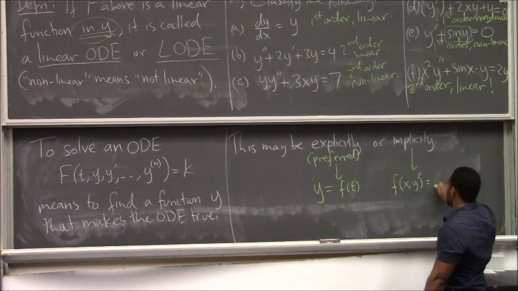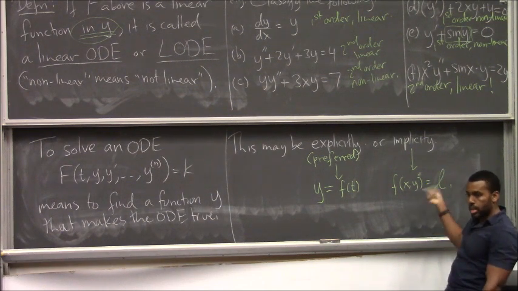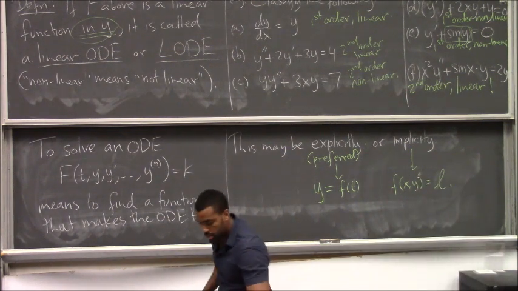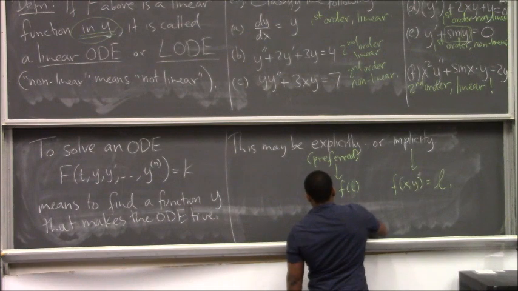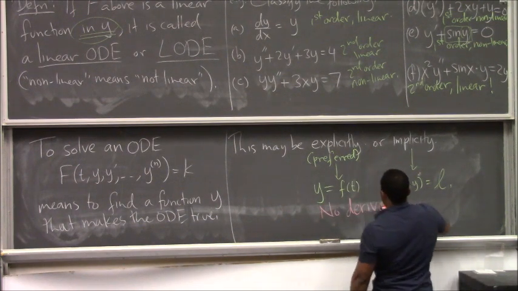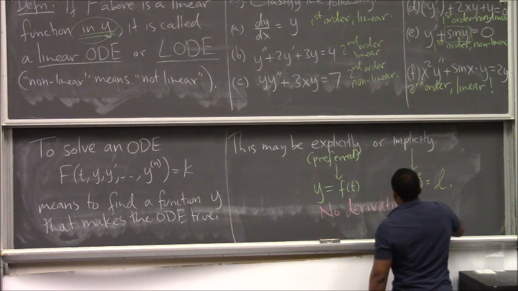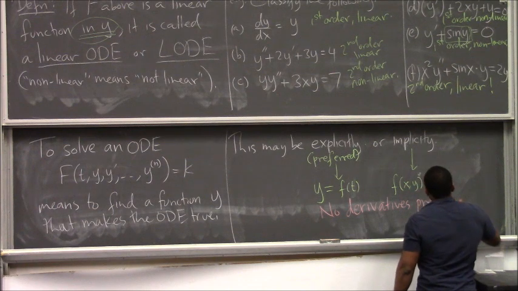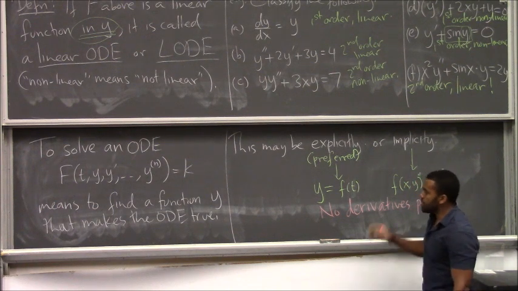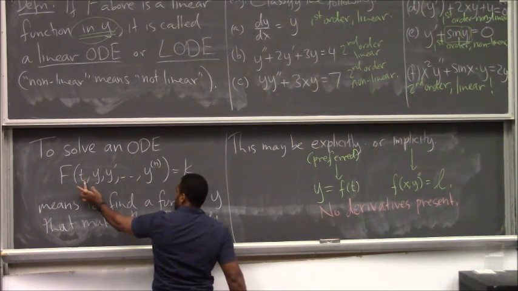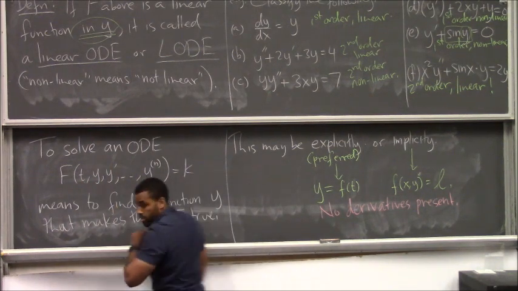So it's another equation that looks like this. But what you want to notice is that there are no derivatives present in either situation. So basically, to solve an ODE, you want to find a relationship between the function and its variable that does not involve any of the derivatives.